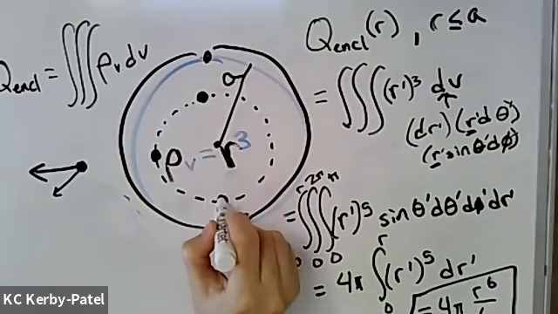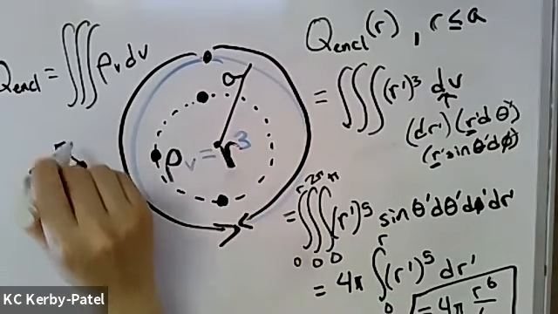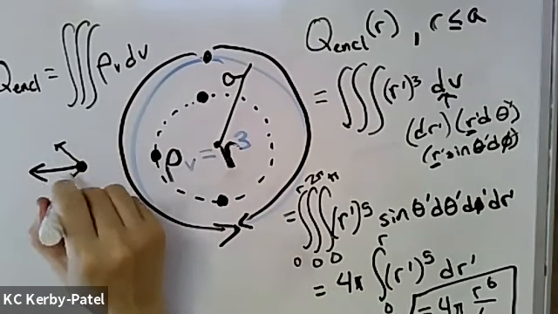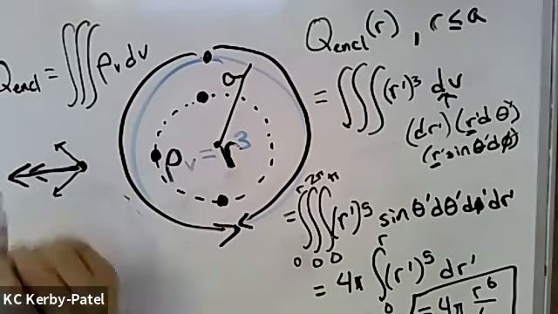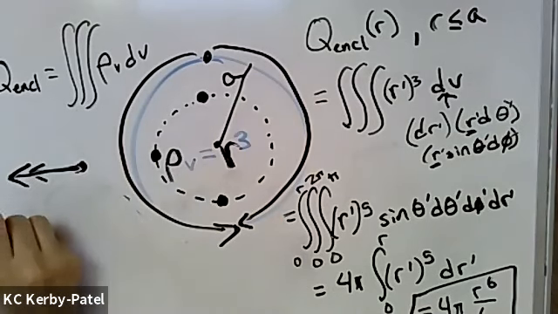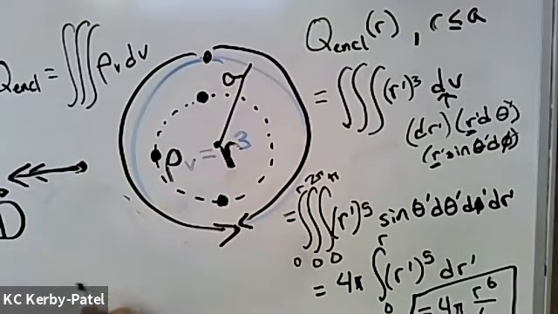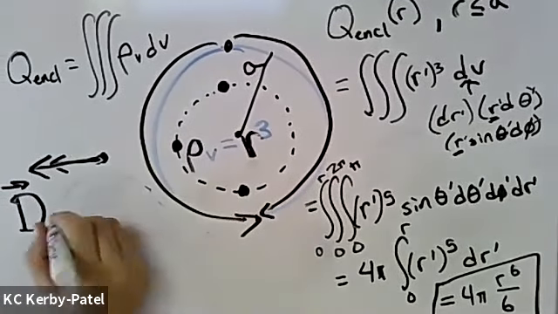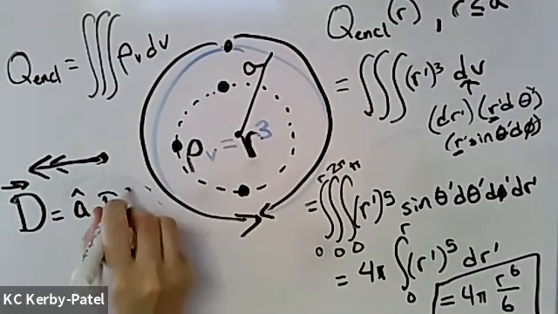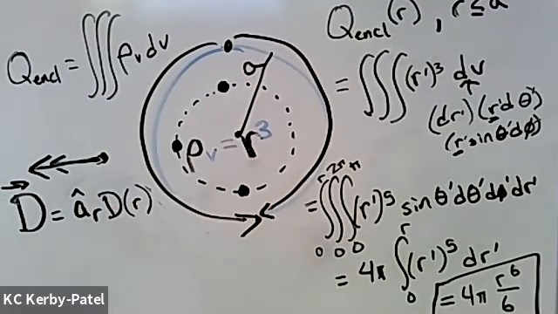But this differential charge element would contribute one that's more like that. And their non-radial components would cancel, and that would also just give you a radial component. So in general, we can say that your electric flux density has the form a hat R times some function of R.